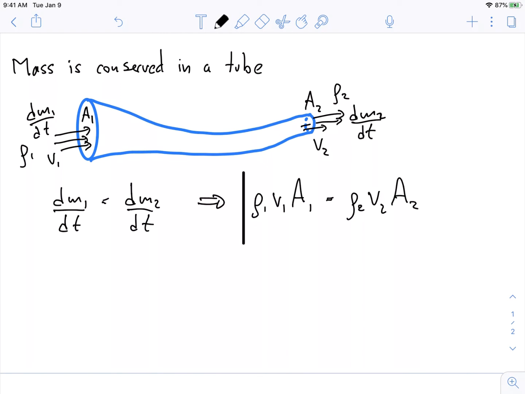So this here is known as the continuity equation, and it's an application of the idea of flow rate.